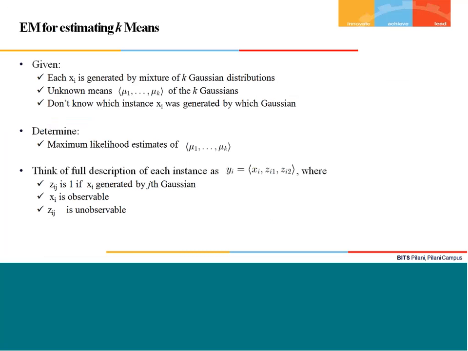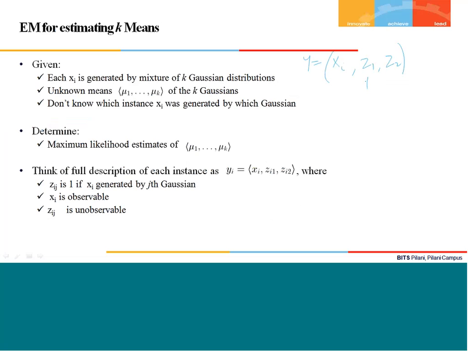So here my given data set could be of what type? It could be x1, xi. What is my data? And there could be two other variables also, z1 and z2. Let's say z1 says that if this xi is generated from the first normal distribution, this could be 1.